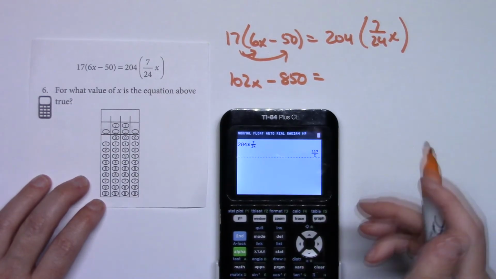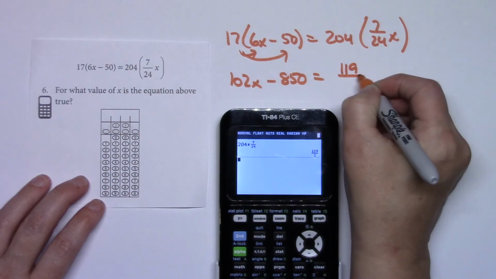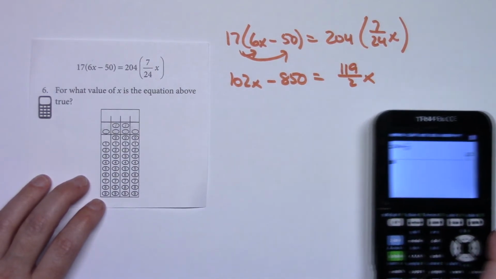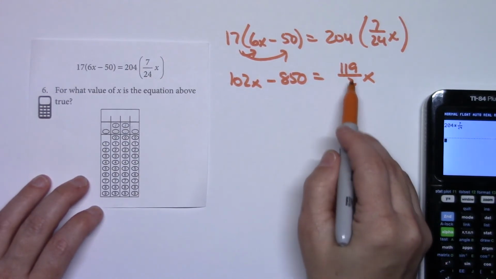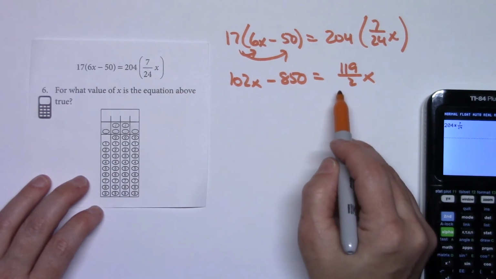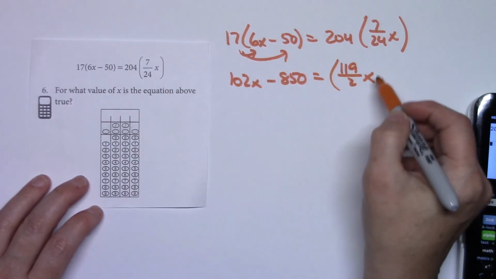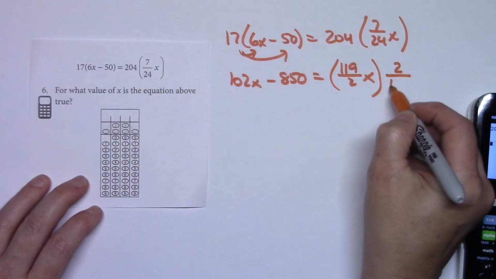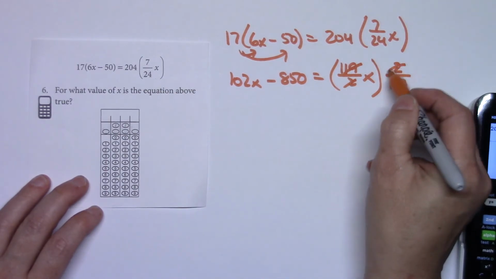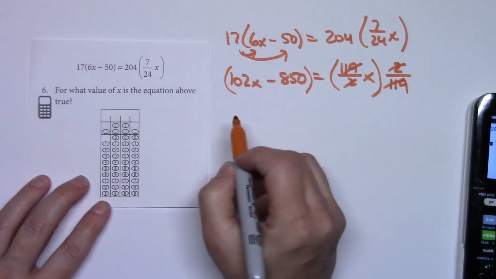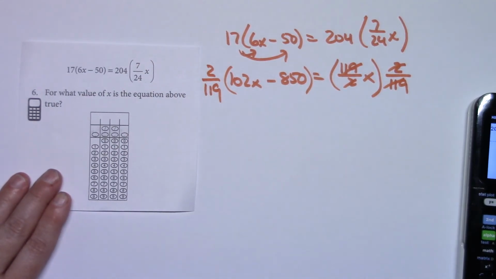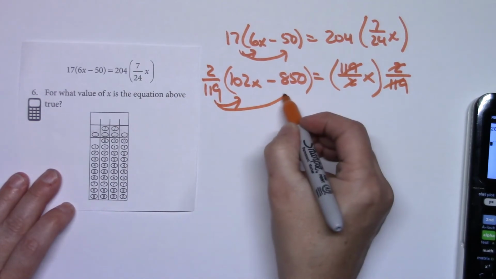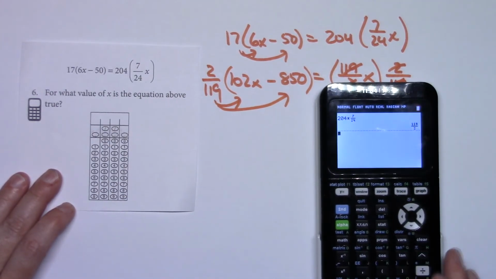And then that's going to give me 119 over 2x. I would just go ahead and leave it like that right now. I'm probably going to multiply by the reciprocal over here to get rid of that 119 over 2. So I'm going to multiply by 2 over 119 so that all of that crosses out over there. I'm going to multiply this by that 2 over 119 as well. Again, I'm going to grab the calculator just real quick and multiply those two fractions out.